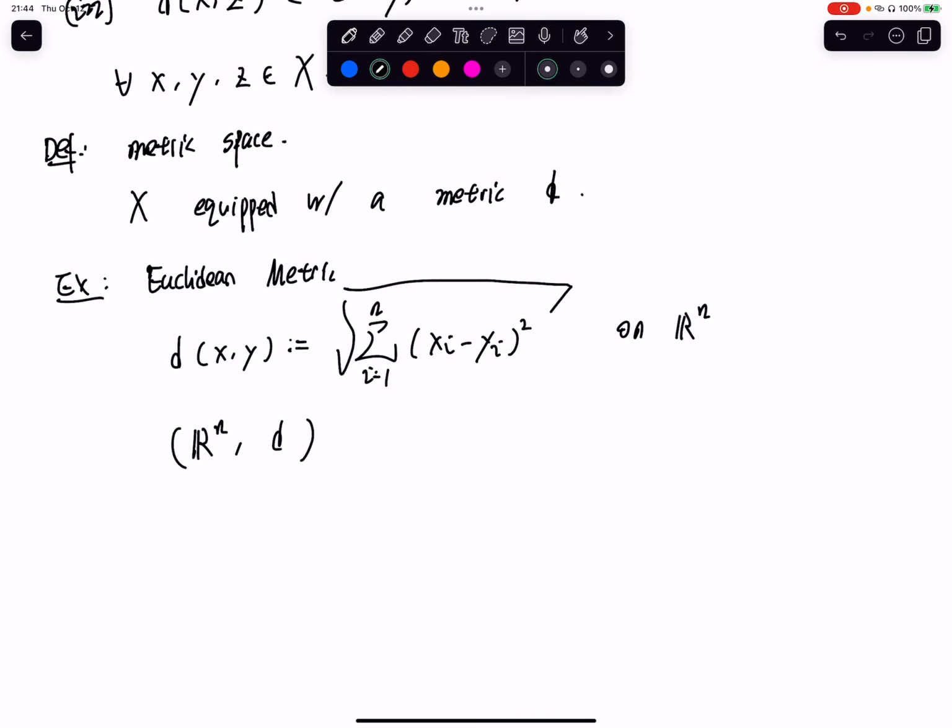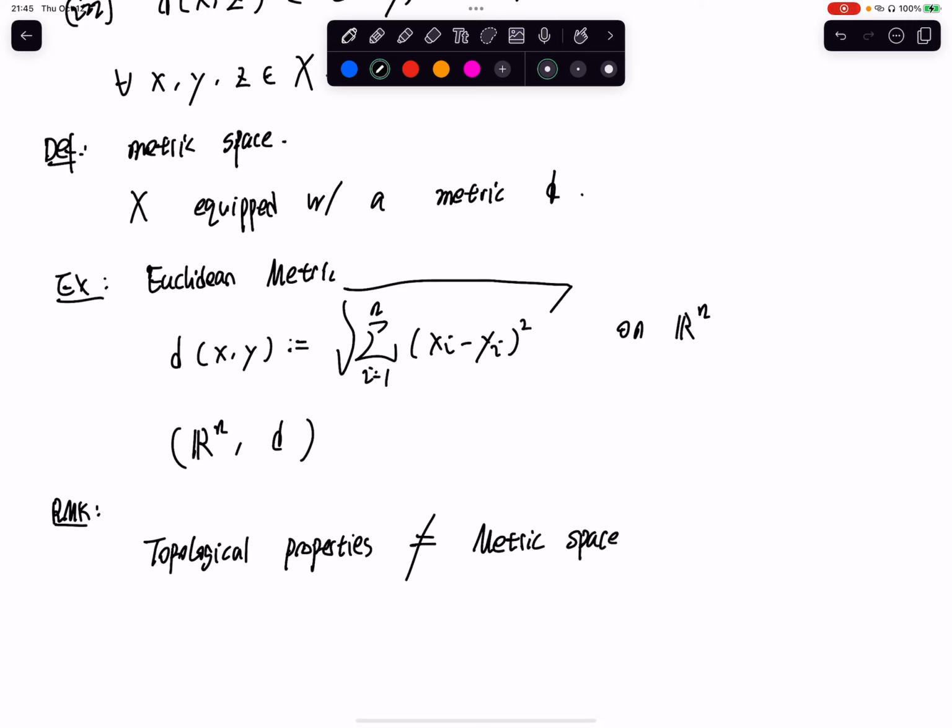So even though we are using some results from metric space, we still need to stress one thing, that topological properties may not equal metric space properties.